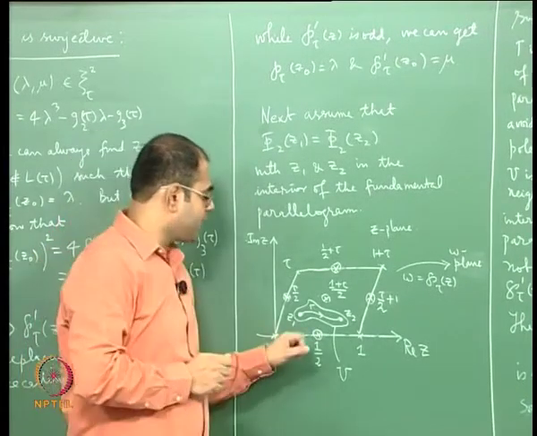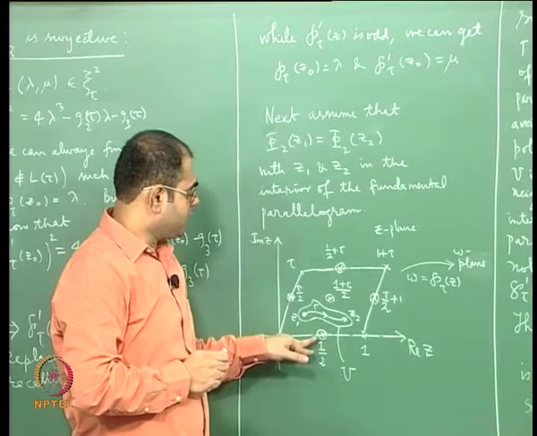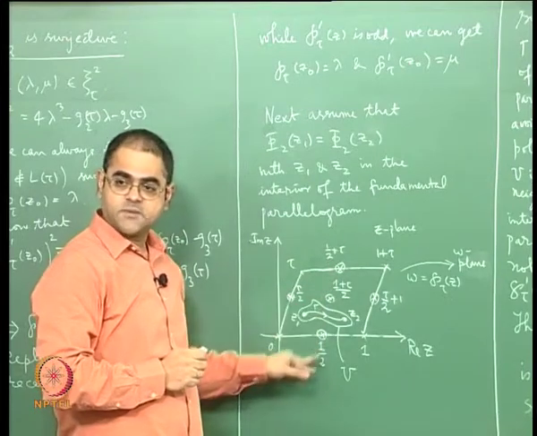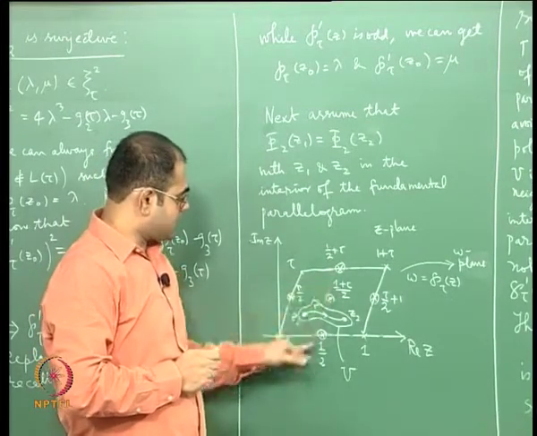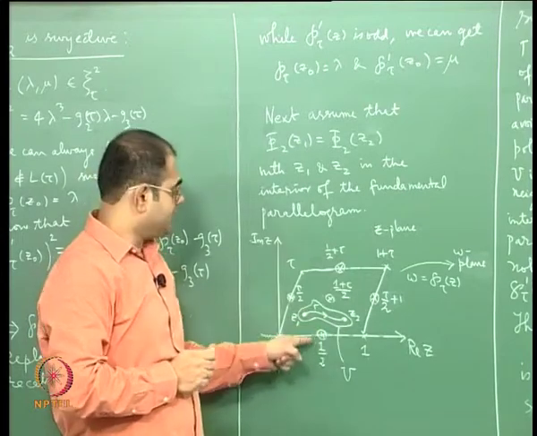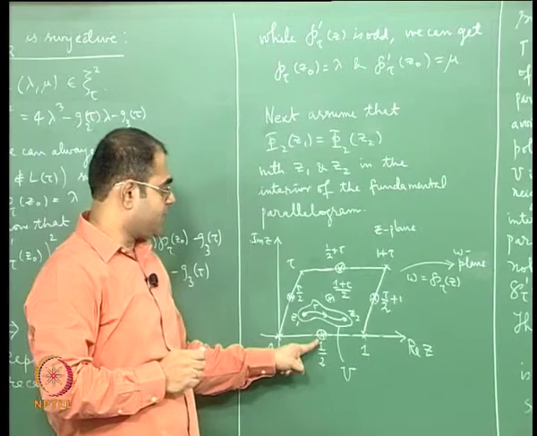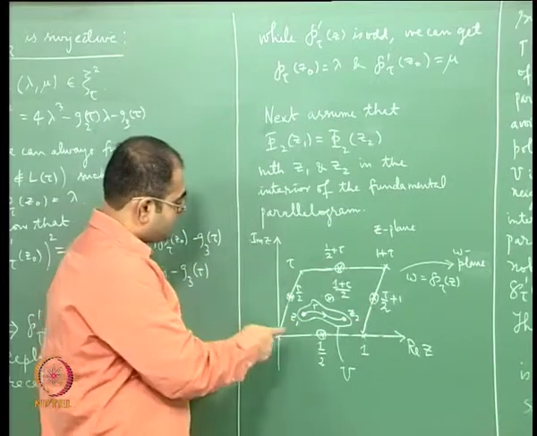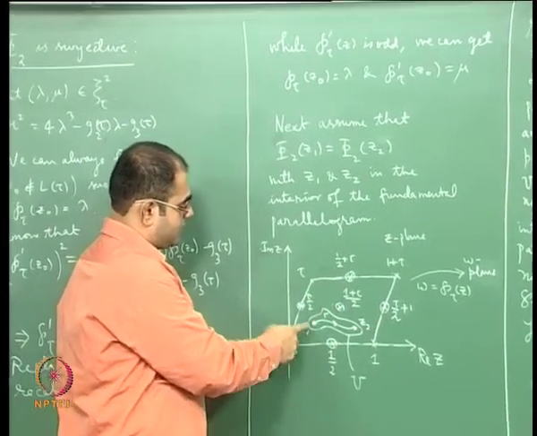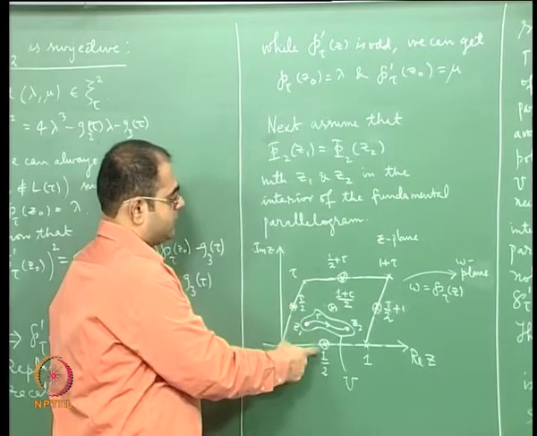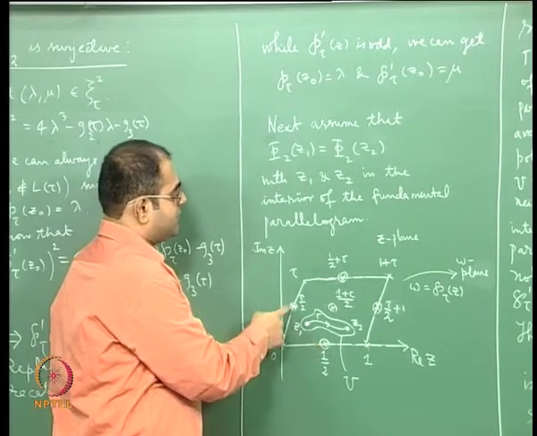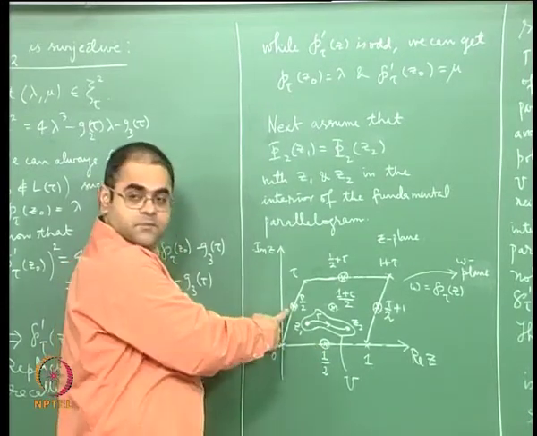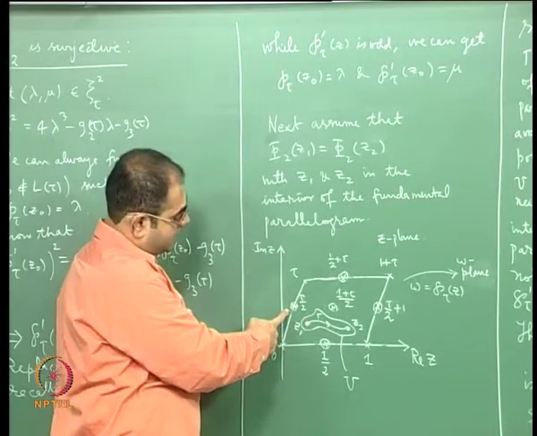and then I would like to say that z1 and z2 are exactly on the opposite edges: if they are on these two opposite edges, they differ by tau, and if they are on these two opposite edges they differ by 1. So you will have to look at the situation where they are not, you should say that it cannot happen that this is z1 and that is z2.